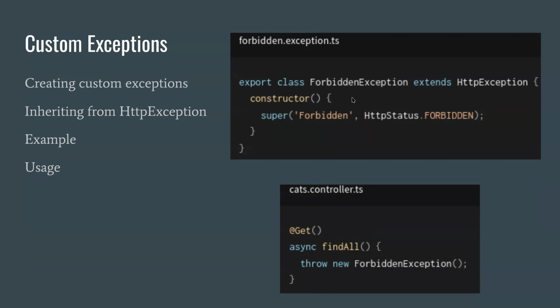So, for example, you can see that we can define a forbidden exception class that extends HTTP exception and use it within the find all method of the cats controller. So this approach ensures that your custom exceptions are seamlessly integrated with NestJS's exception handling mechanism.